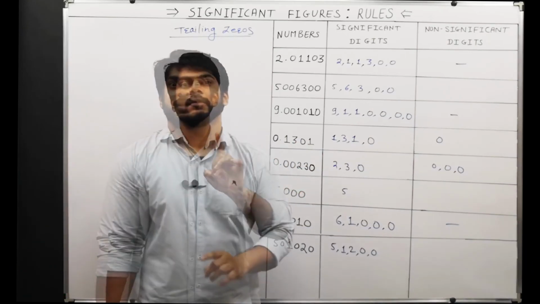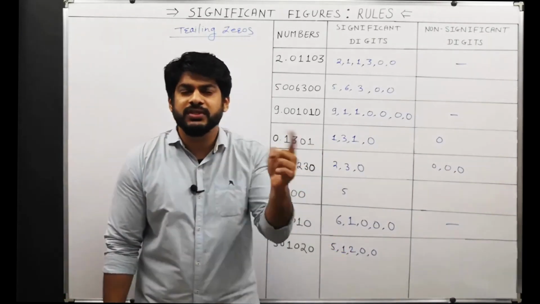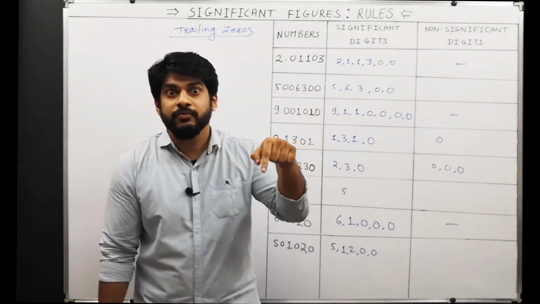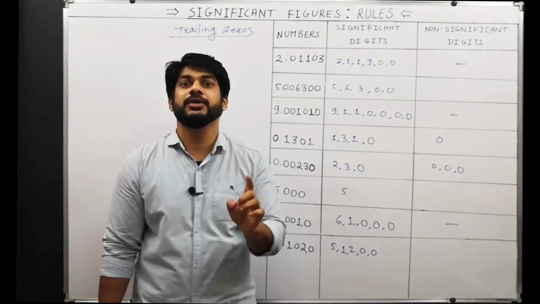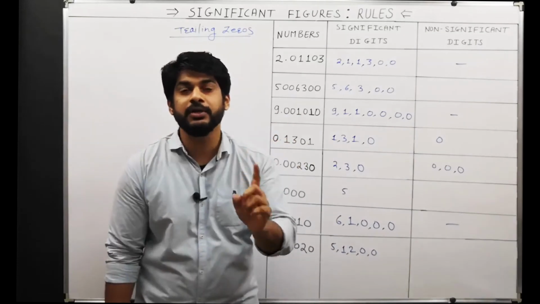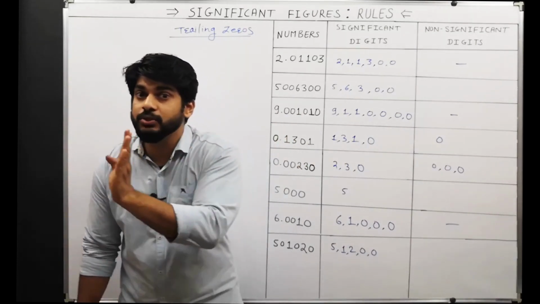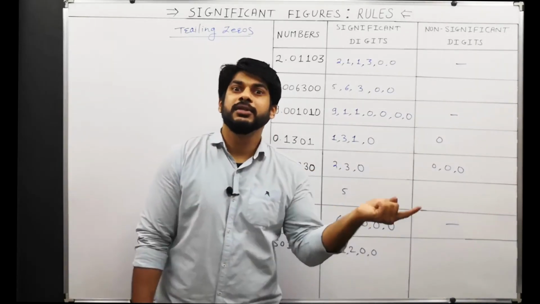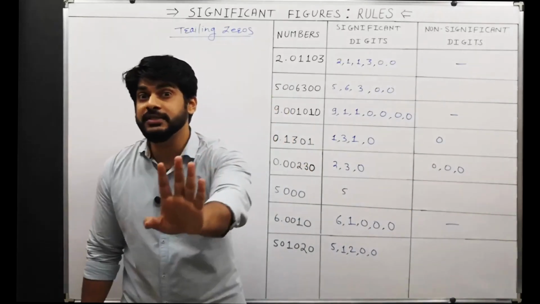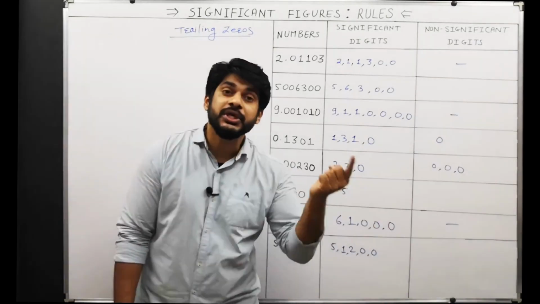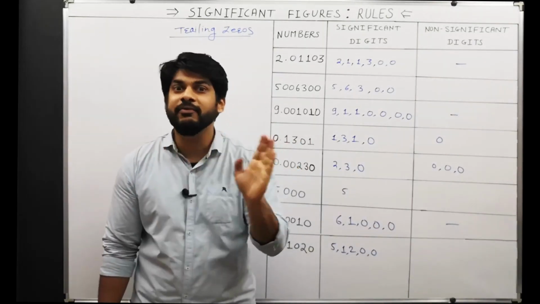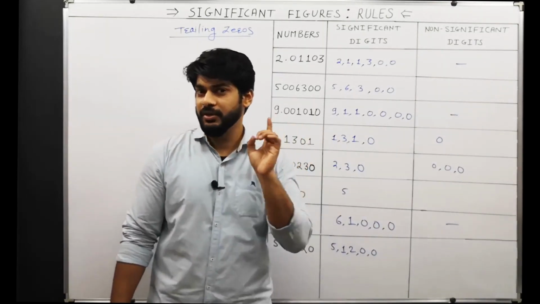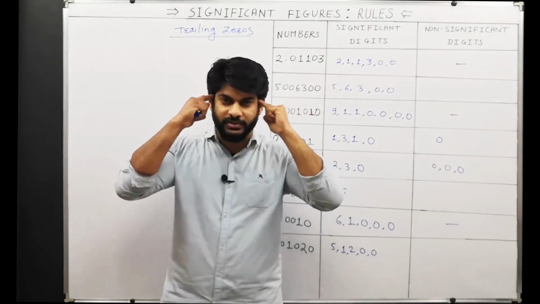In the previous rule we said that in a number with decimal point, the trailing zeros are significant. Over here we are saying that in a number without decimal point, the trailing zeros are never significant. So just see the difference.